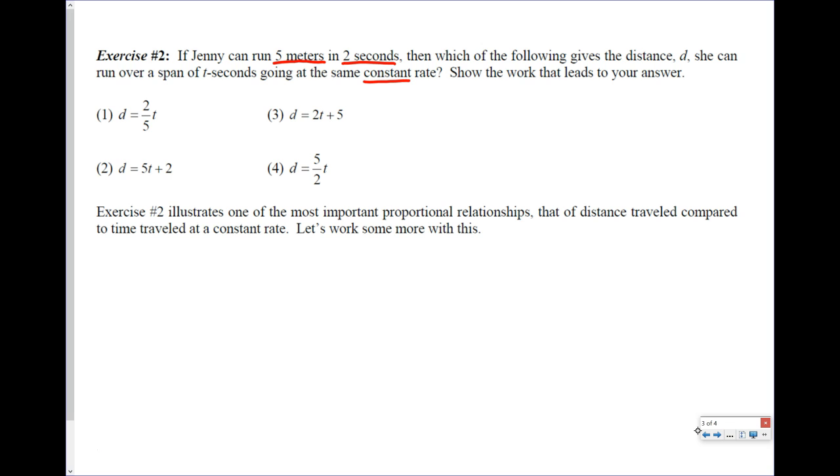So my first thing I'm going to write is that I know that my first proportion is 5 meters over 2 seconds. I know that, and this question is saying, give me something more general that I could find, D and T no matter what. So if they're telling me that distance here, D, that's meters, distance, and seconds is, obviously the time here.